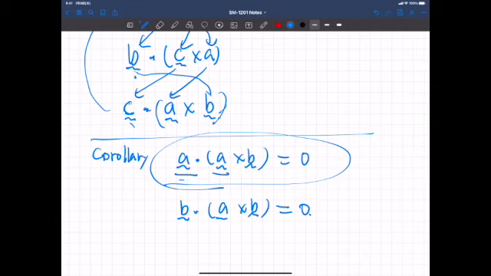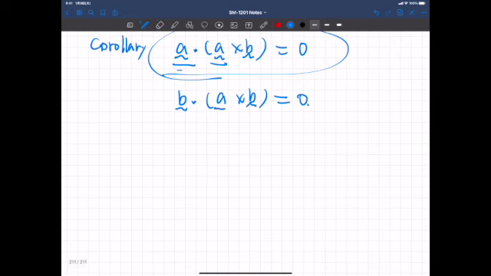So what does this mean? Let's say in 3 dimensions we have two vectors, A and B. If we take the cross product A cross B, then the result is another vector.